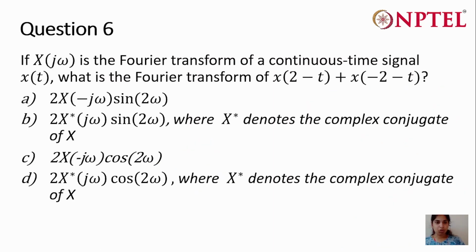If capital X of j omega is the Fourier transform of a continuous time signal small x of t, what is the Fourier transform of x of 2 minus t plus x of minus 2 minus t? How can I write x of 2 minus t as x of minus t minus 2?